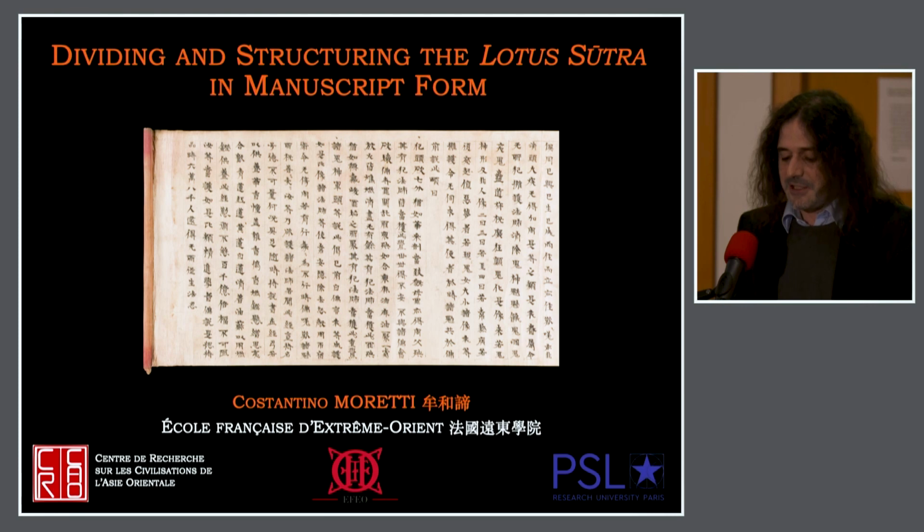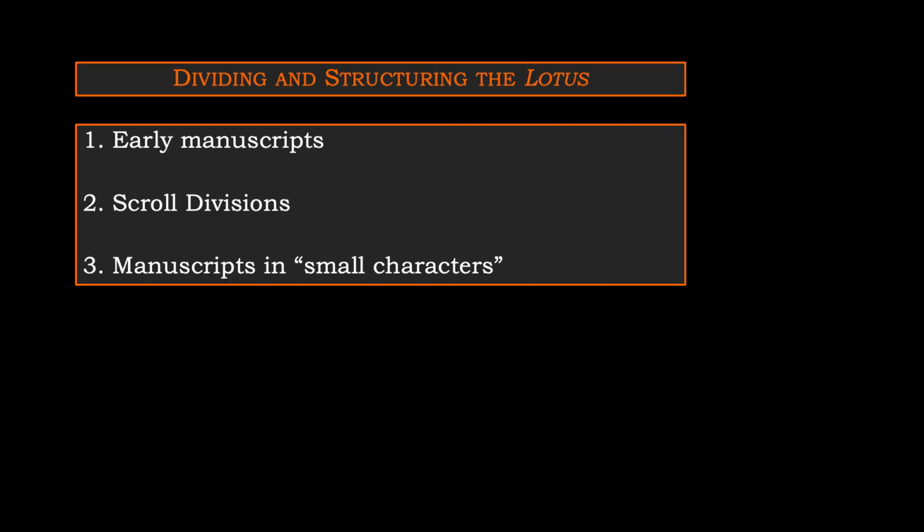So today I will be talking about the layout and formal organization of the Lotus Sutra in manuscript form. And more precisely, I would like to focus on three particular aspects. To begin with, I will set forth a few observations regarding some of the earliest copies of this text.